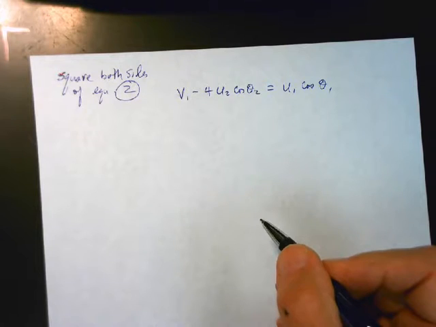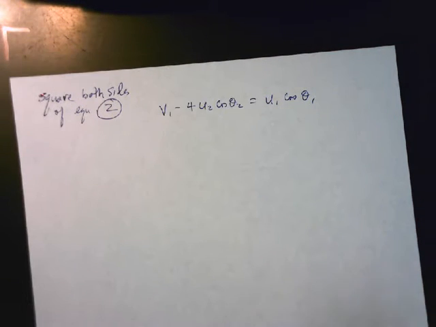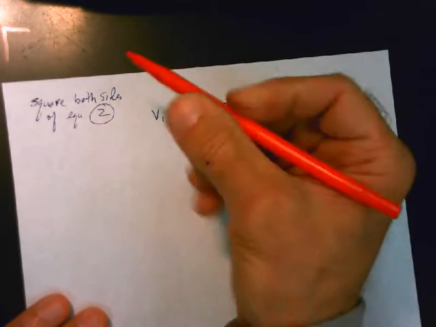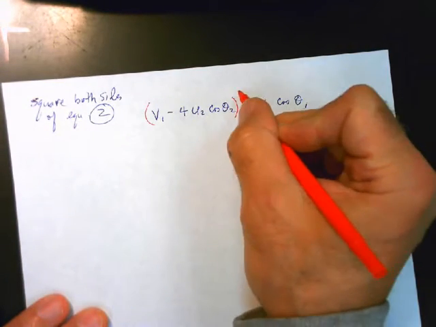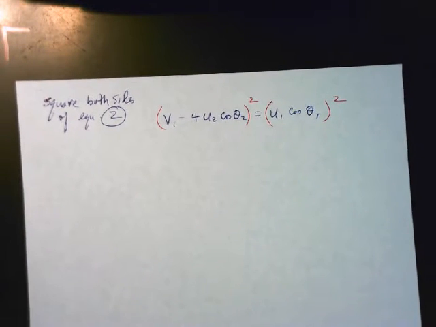Now let's square both sides. I'll go ahead and use a red pen to highlight. So we'll square that side and we'll square this side.